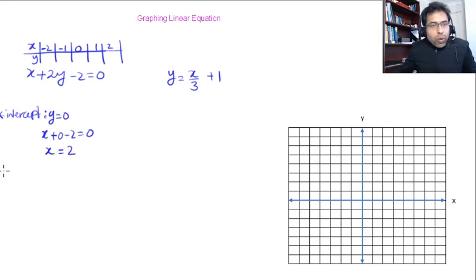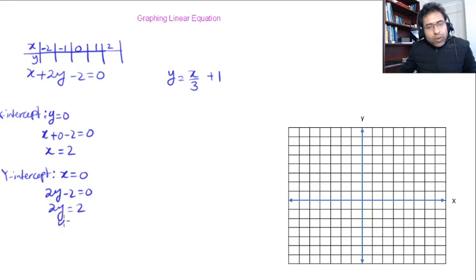Same if I do the y-intercept, the y-axis intercept, where x equal to 0. If you substitute that into the equation, it will be 2y minus 2 equal to 0. So 2y equal to 2, then y equal to 2 over 2, which is 1.